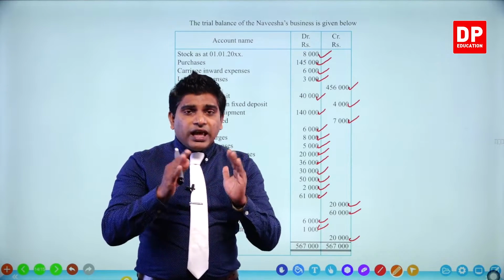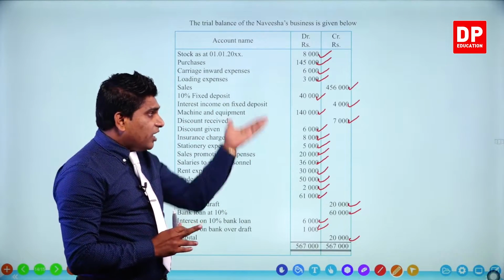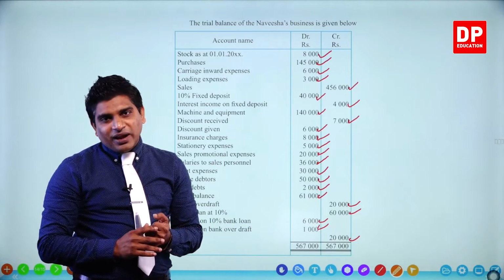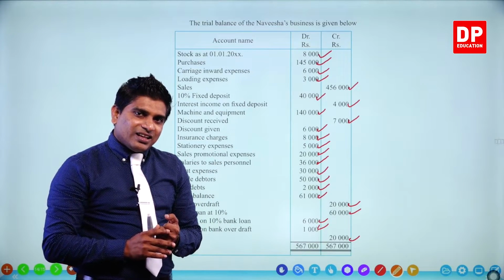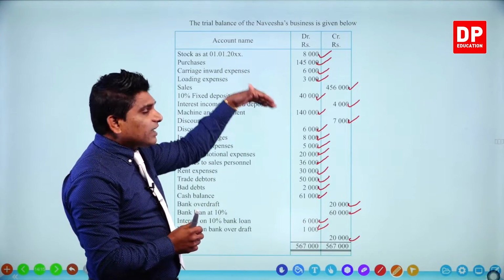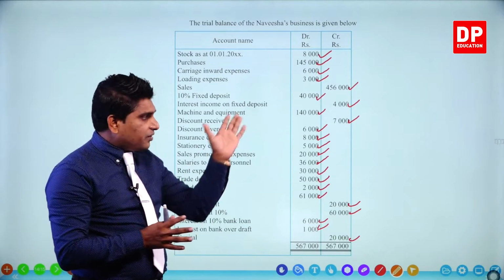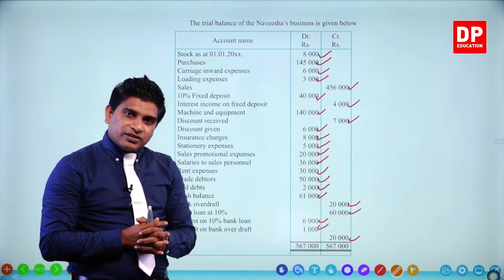Even though they have given assets, liabilities and equity in this trial balance, we pick only income and expenses. Before you do the question, you must do this thing. You have to classify all income and expenses here. After that, it's easy for you to do this activity in your writing book.